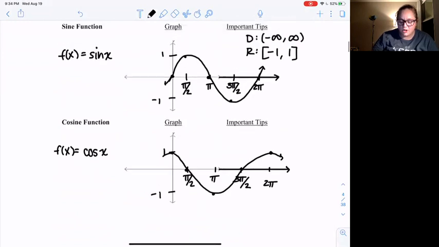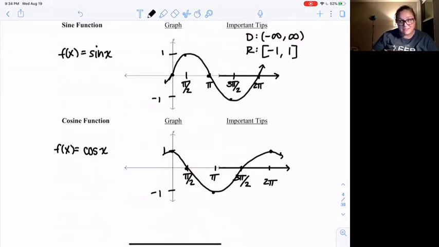Well, what about cosine? This one is similar in that the domain and range are exactly the same. What's different about the cosine graph is the values you have for those 4 x values. So when you have pi over 2, that's 0. And then pi is -1. 3 pi over 2 is 0. 2 pi is 1.